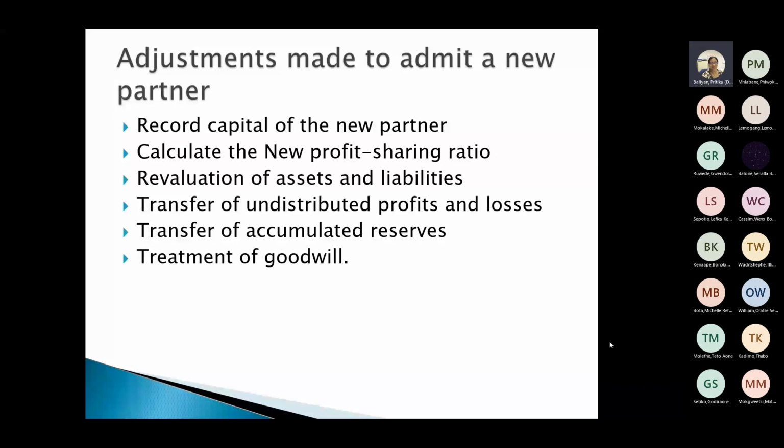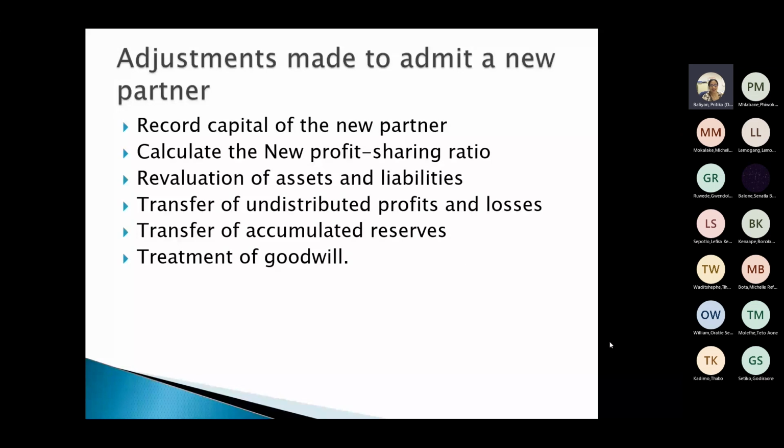They also need to do the revaluation of assets and liabilities so that they can state the net book value in the statement of financial position. Then if there is any transfer of undistributed profit and loss, that also needs to be stated in the income statement.